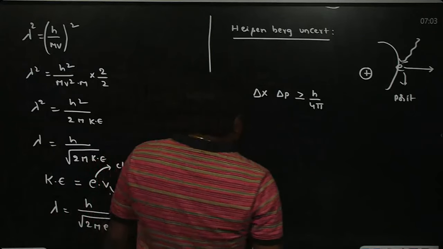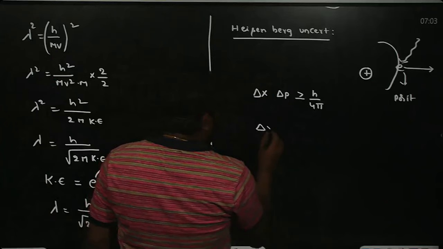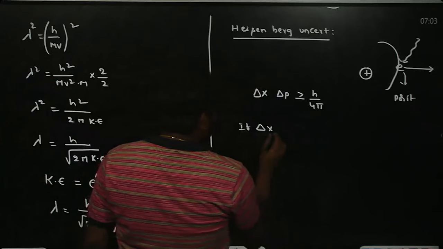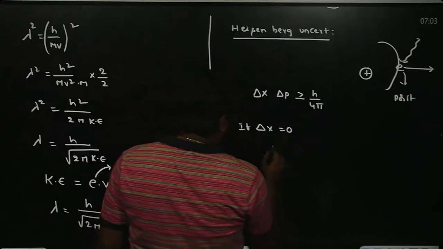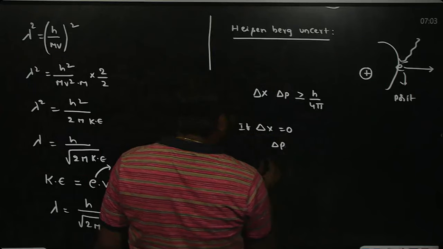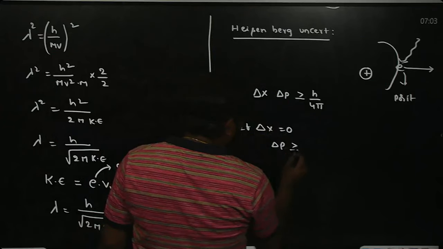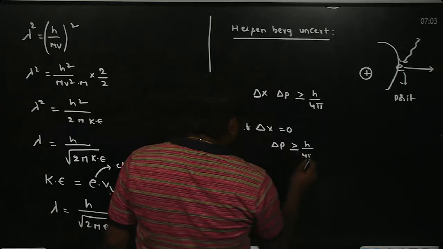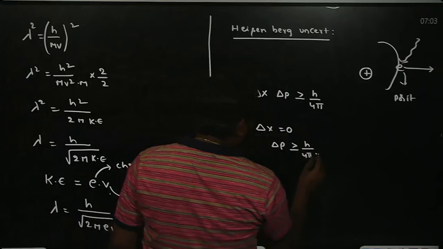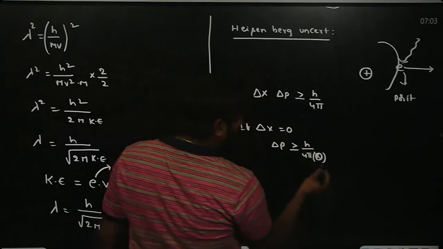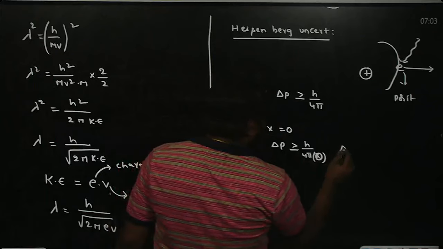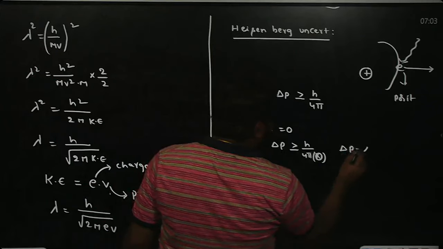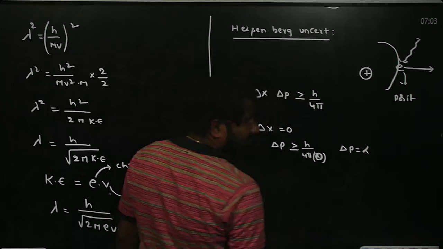So if there is no change in position, if delta x equal to 0, then what does delta p become? Delta p is greater than or equal to h by 4 pi over delta x, and delta x means 0, we are going to substitute. Anything by 0 becomes infinity.